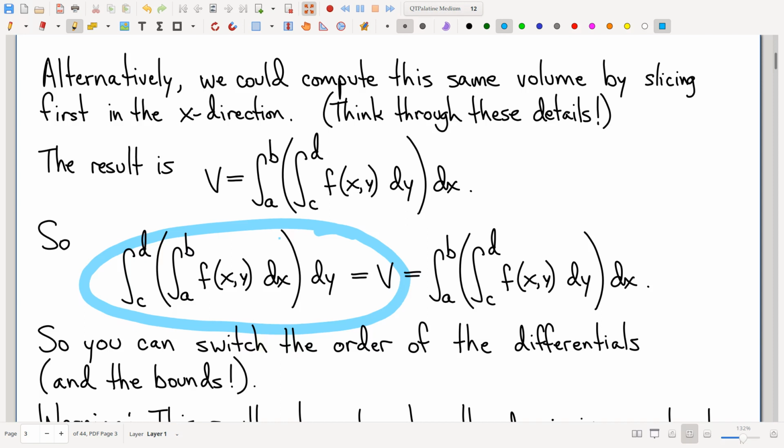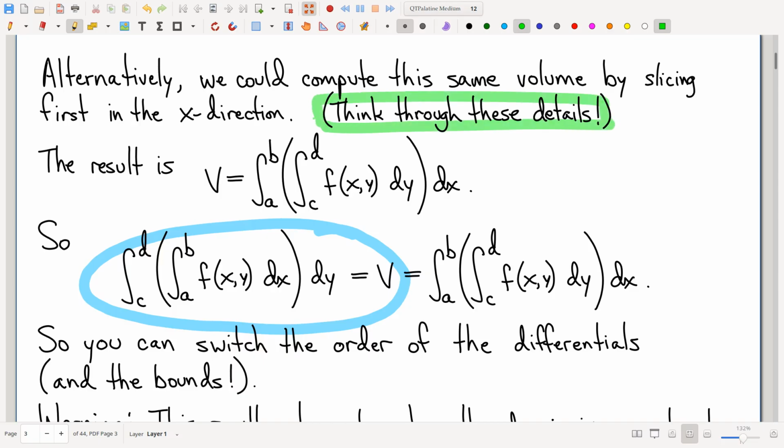We started our slicing process by slicing perpendicular to the y-axis, constant values of y, what you call y slicing. But yeah, you can slice it the other way, and you get a bunch of different details.